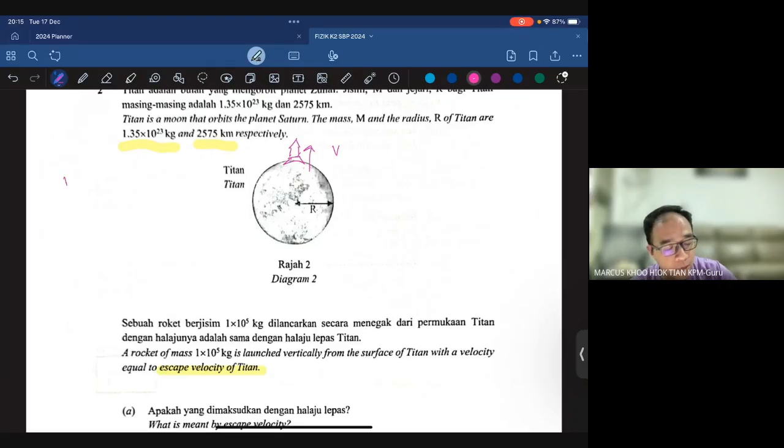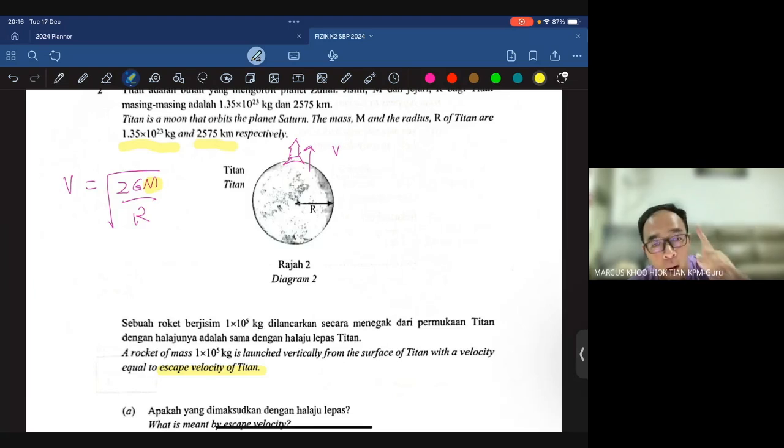The formula for escape velocity is the square root of 2GM over r. The most important thing you need to remember about this formula: in almost all formulas involving gravitation, the mass is always the mass of the center, the mass of the planet.